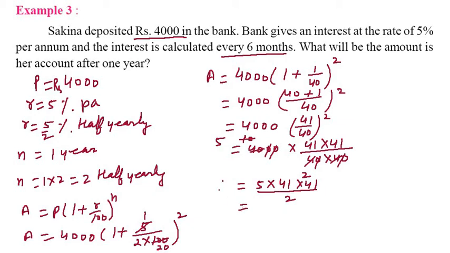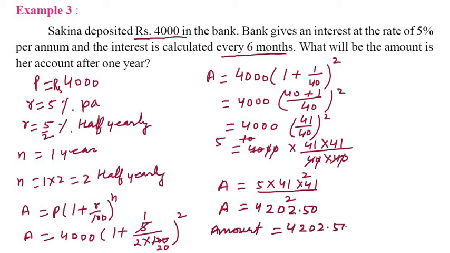And that is the amount. So amount will be 4,202 rupees 50 paise. So you can write amount is equal to 4202.50 rupees. So you have to write rupees here and that will be your answer.